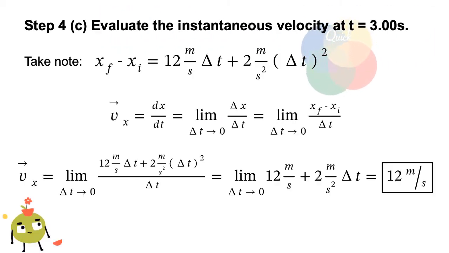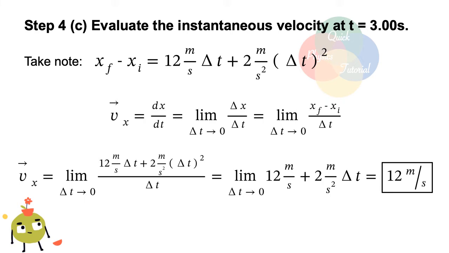Step 4. Evaluate the instantaneous velocity at 3 seconds. Recall that the instantaneous velocity is dx/dt, equal to the limit of delta x over delta t as delta t approaches 0.